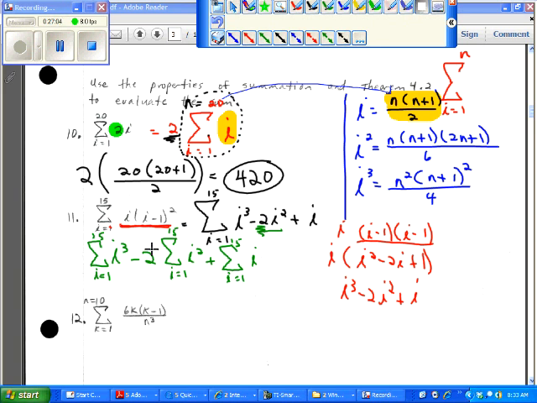So we expanded our polynomial into a sum or difference.